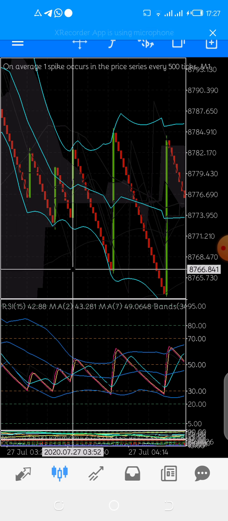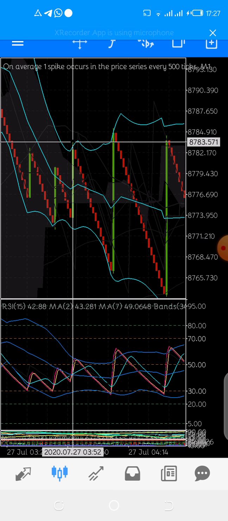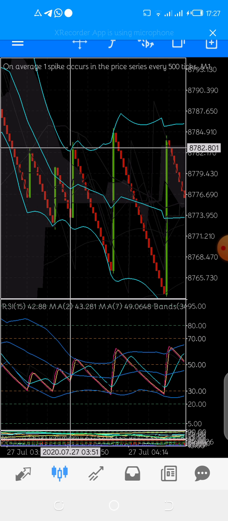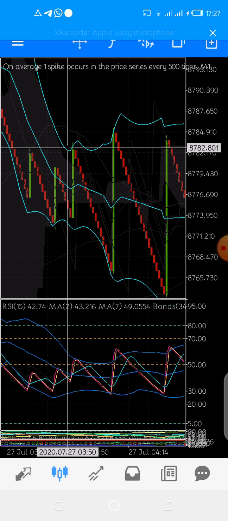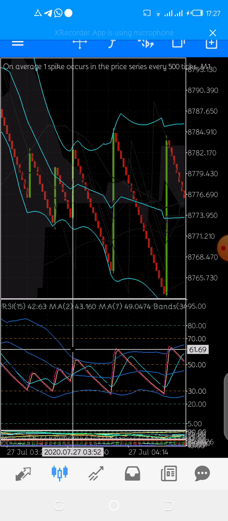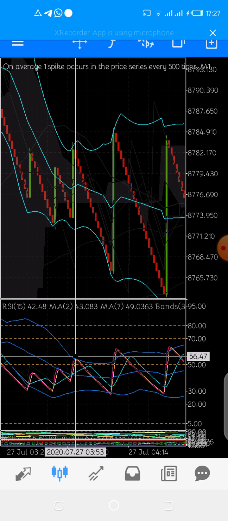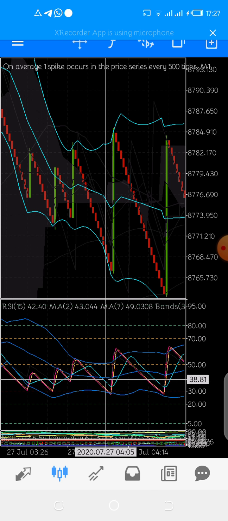And even on top, it was still another, check here on top. It touched the top part of the Bollinger Band. But this time around we are not even using the top. Let's just use the bottom TDI. So check here. It touched the top and it reversed.